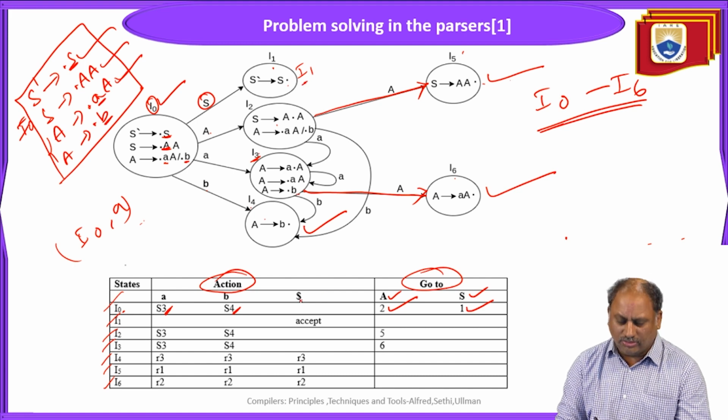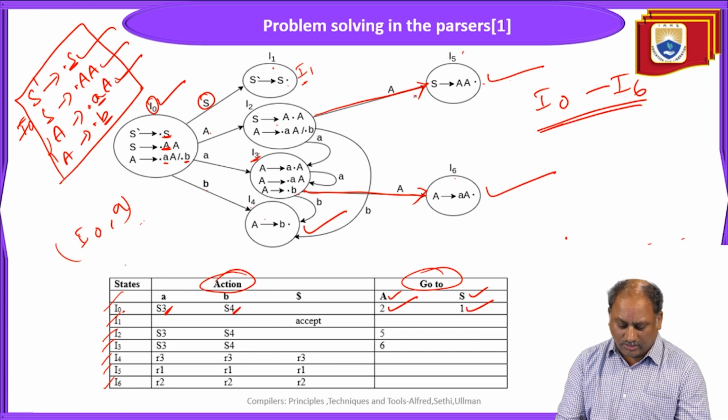That's why we have included a dollar, to verify the acceptance of the states. So dollar is also to be included as part of this column, denoting the acceptance of the given productions. So I1 is to be considered as the acceptance state.